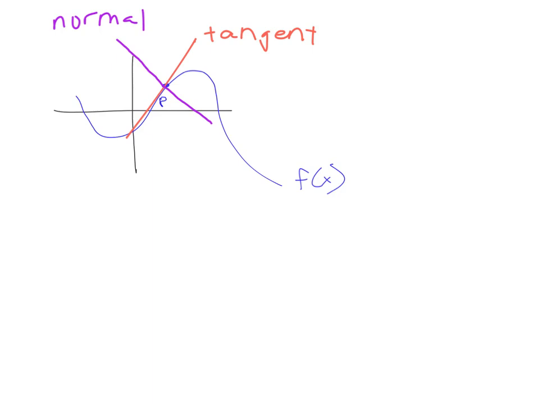And we like to be able to create an equation for each of those lines because they are lines and therefore they are functions, just like any other function. We can represent them with an equation. So when we look at the tangent equation or the normal equation, either way we're going to need two things. And we're going to use this formula right here, and that is the point slope form.